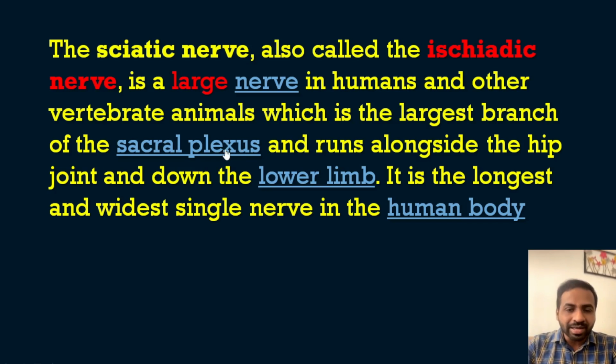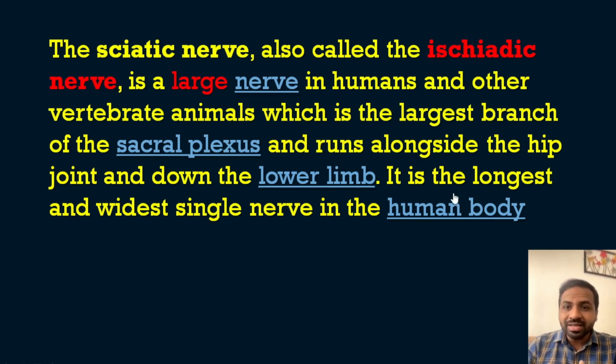From the sacral plexus we get the sciatic nerve, otherwise known as the ischiatic nerve, which is a large nerve in human beings and other vertebrate animals, and it runs alongside the hip joint and down the lower limb. So it arises from the sacral plexus and runs along the hip joint and down the lower limb.